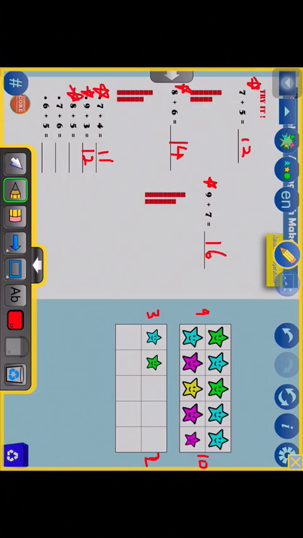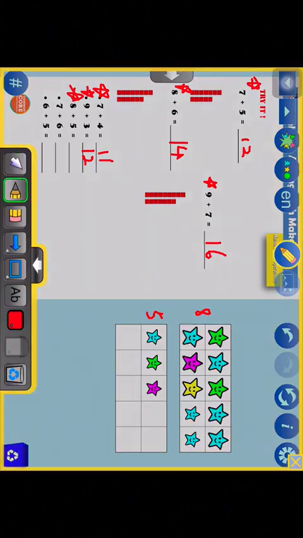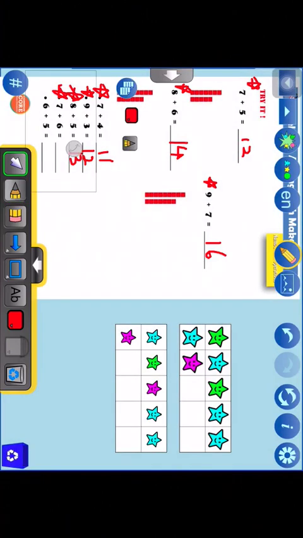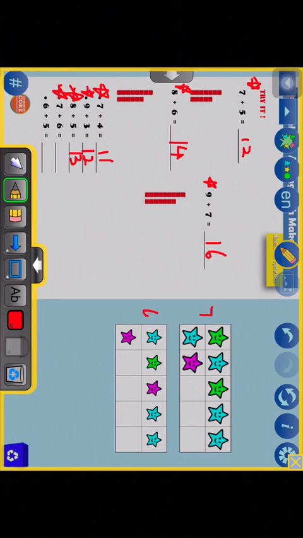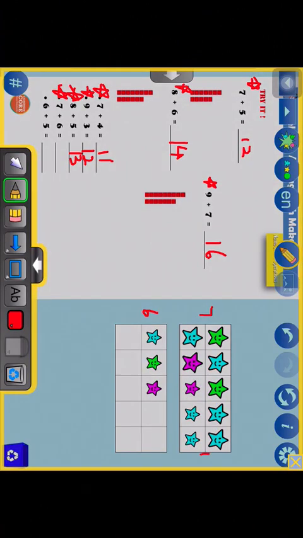And then we have 8 plus 5. We may regroup by moving 2 stars upward to form 10 and 3, 13. Then we have 7 plus 6. We may regroup by transferring 3 stars to the top to form 10 and 3, 13.